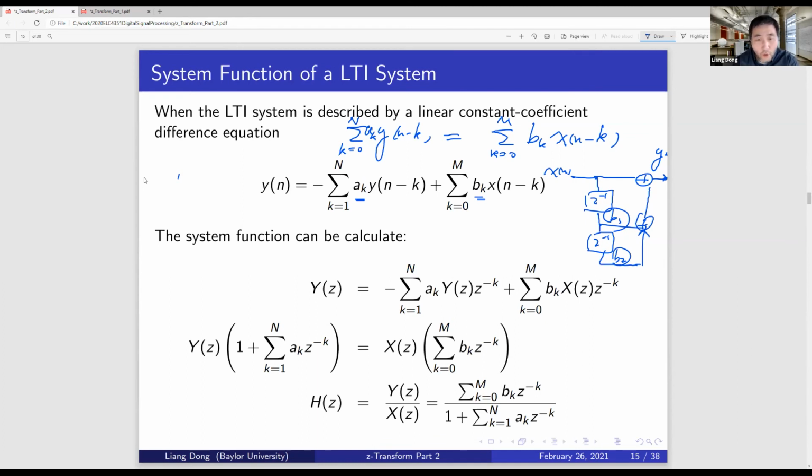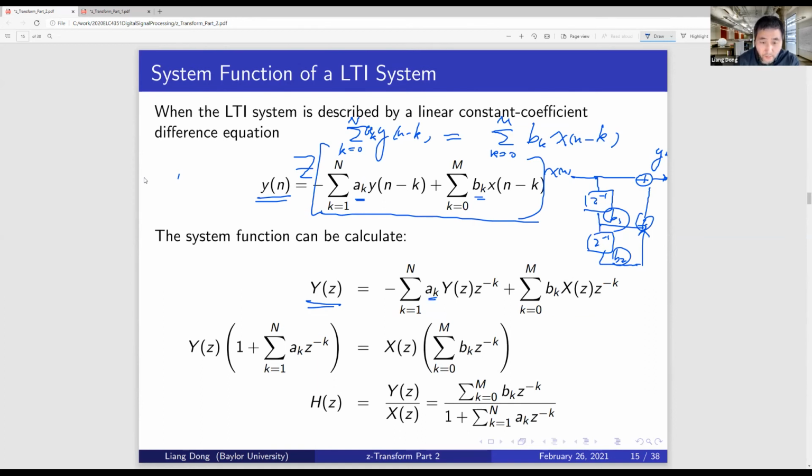So I do a Z transform on both sides of my equation. So y[n] simply becomes Y(z), very simple. Because the Z transform is a linear operation, I can work on each individual term. I have a Z transform on the entire thing, but I can bring it in piece by piece. So we have a negative sum.